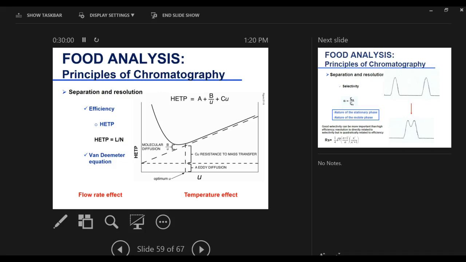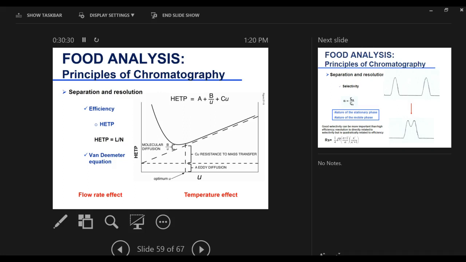If you have a fast transfer, you will have a lower height equivalent of a theoretical plate. Again, this is influenced by the flow rate. With higher flow rate, you have higher movement, reaching equilibrium faster, but too high of a flow rate will not let you get to equilibrium, and this will lead to coelution.